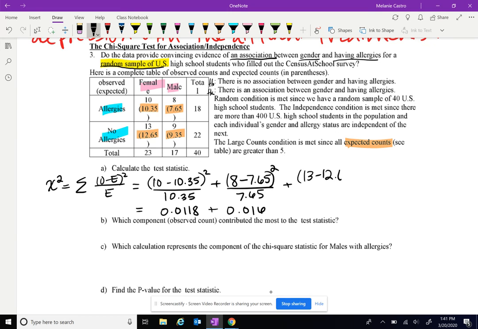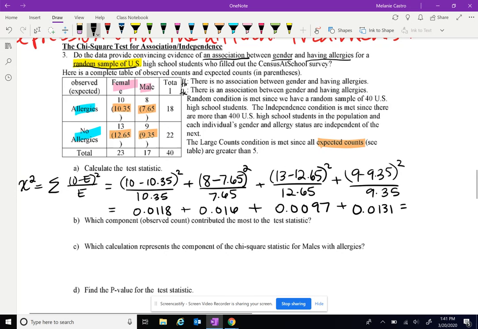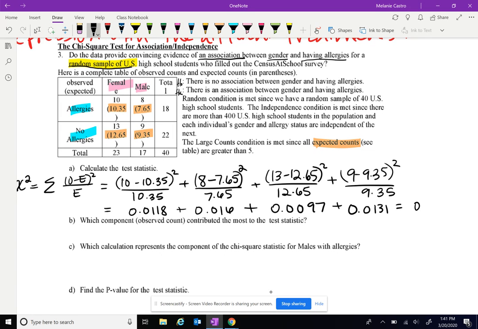So O minus E squared divided by E, and O minus E squared divided by E. Okay, that next component should be 0.0097, and the last one should be 0.0131. Okay, if you go through and add those together, then you can also double check your work. If you did a chi-squared test on your calculator, you get 0.00506. So fairly small chi-squared test statistic.